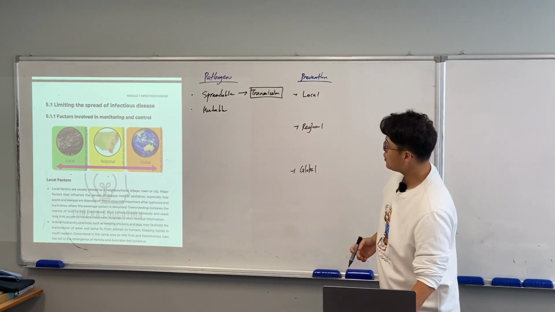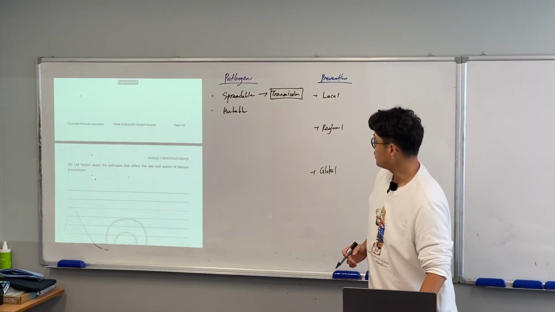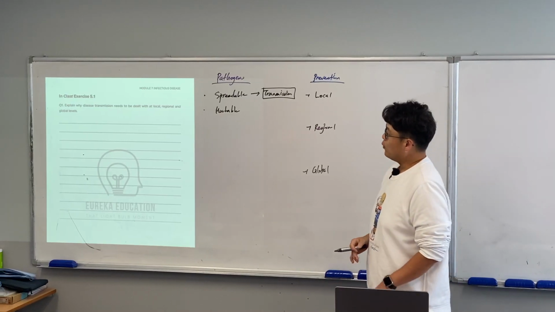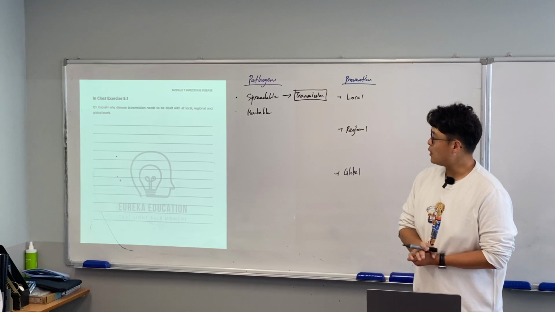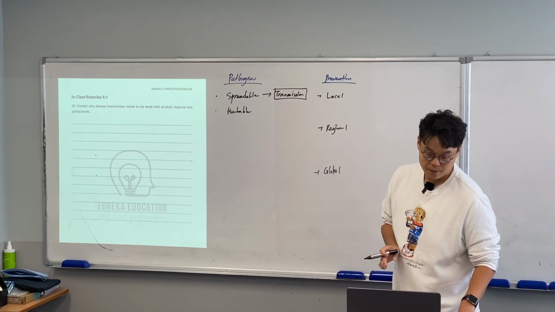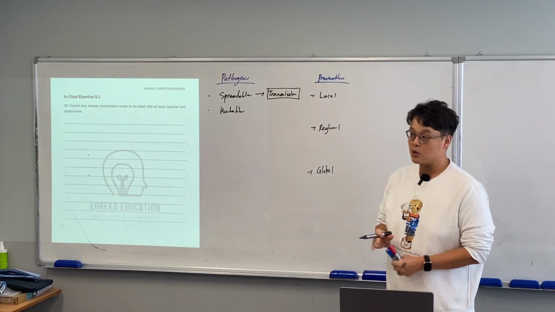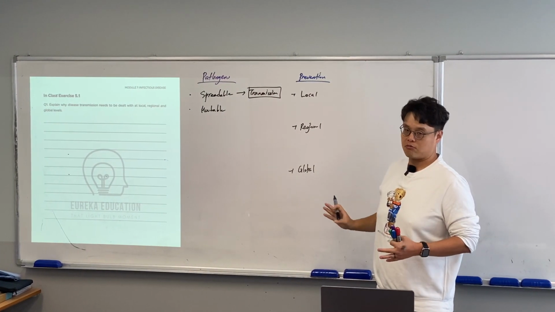So this is related to your question 1 on page 142, please. Explain why disease transmission needs to be dealt with at the local, regional, and global levels. The reason we have to deal with it at 3 levels: local is the smallest, regional is bigger, and global is the biggest, on the earth.